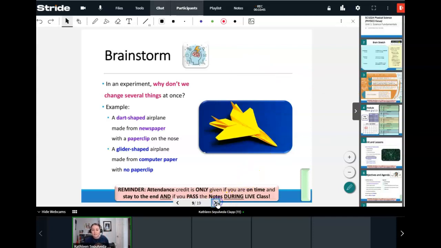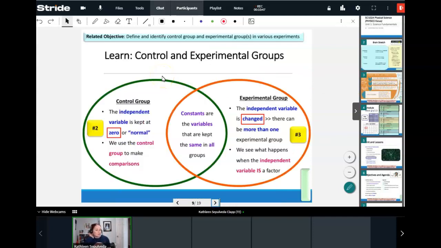Excellent. We're going to be talking about 2 things: the control group and the experimental group. The control group is the independent variable that is kept at 0 or normal, with no change to it whatsoever. We're talking only about the independent variable.